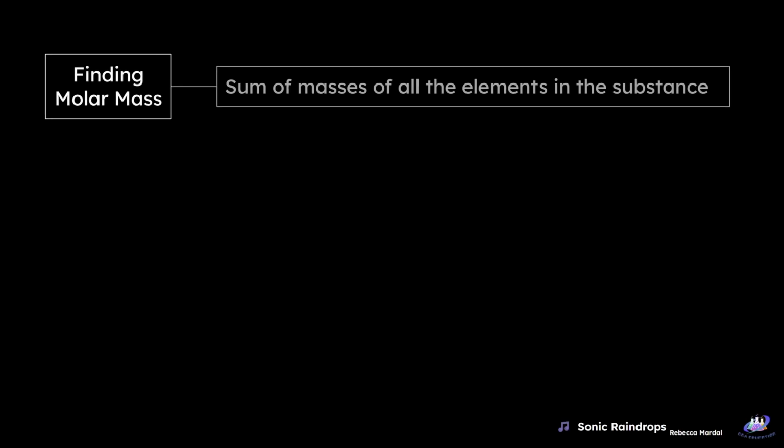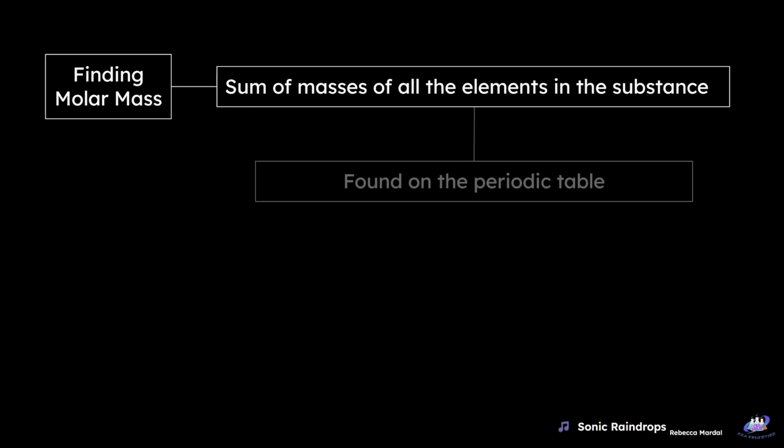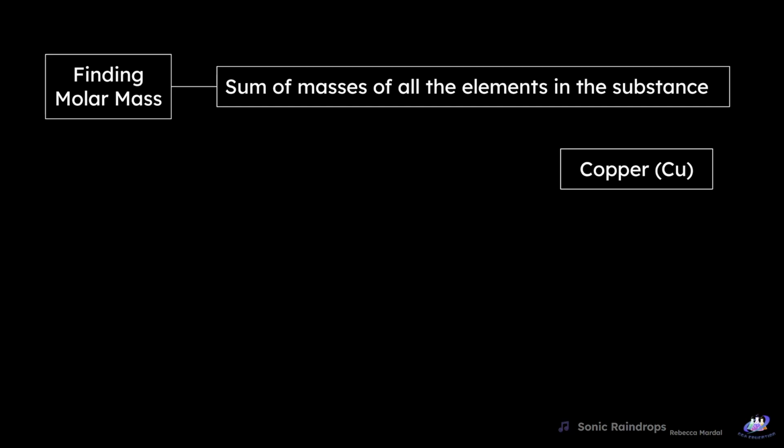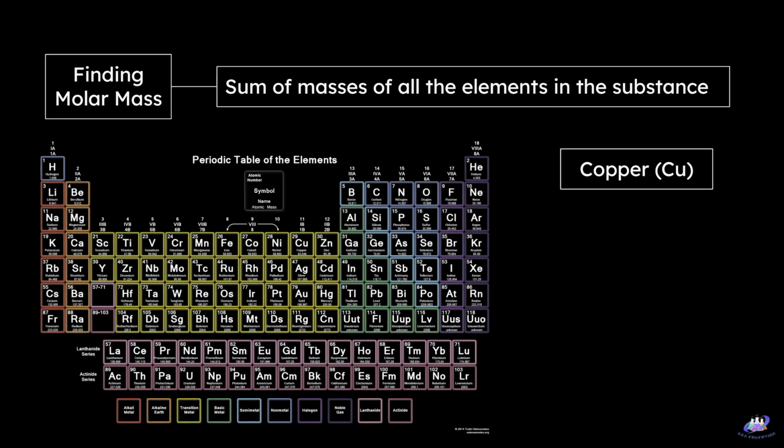If we wanted to find the molar mass of a substance, we would need to use the atomic masses listed on the periodic table. And if we had a compound that was made up of more than just one element, then we could just add them all together. Let's say we had a sample of copper. Now this substance is just made up of one element, copper.